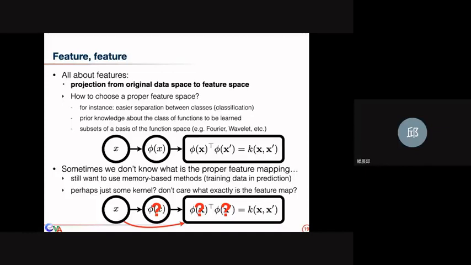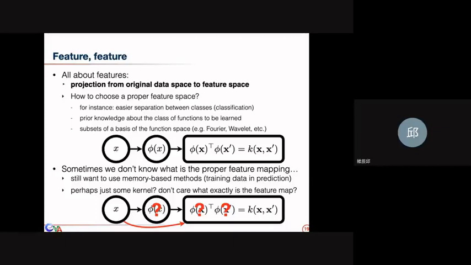Because I know the kernel computes the similarity, I would say the inner product between the feature vectors, if I have a way to compute the kernel, then I am satisfied already.